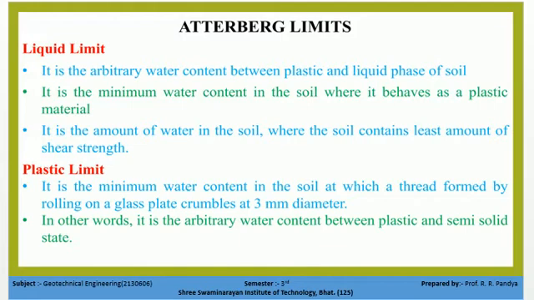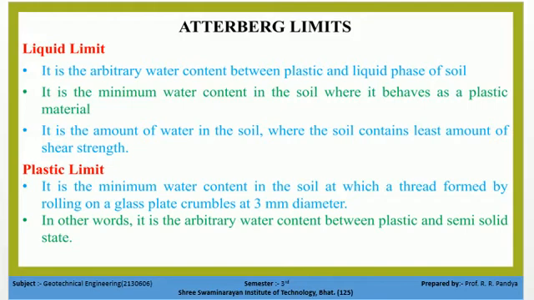The liquid limit is the arbitrary water content between the plastic and liquid phase of soil. It is the maximum water content in the soil where it behaves as a plastic material.